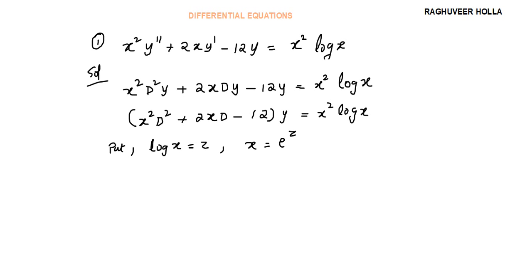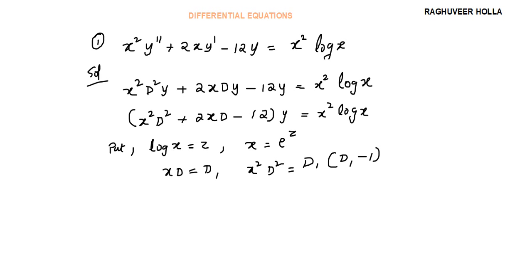Now further, what we are supposed to do is, let us substitute xd as d1 and x square d square as d1 into d1 minus 1, right? Now let us substitute whatever I mentioned here.